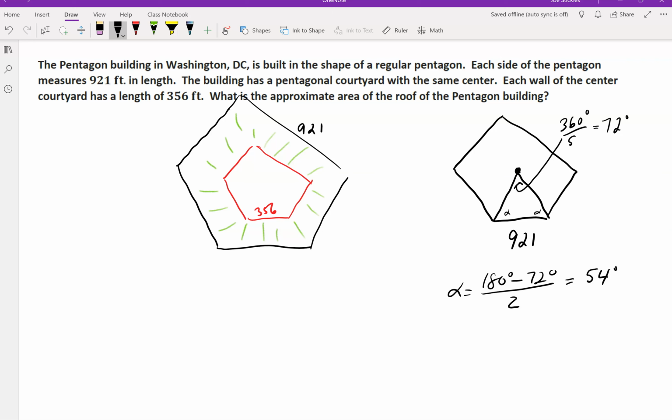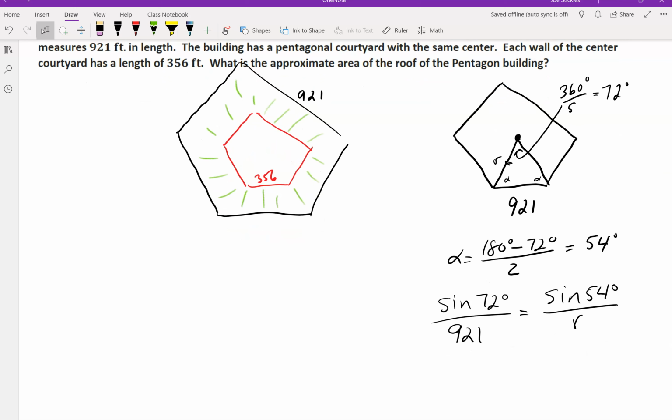Okay. So we now know all three angles, and we know one side is 921. So we need to figure out another side so that we can figure out the area. So much like the last problem, we'll do law of sines. Sine of 72 degrees over 921 is equal to the sine of 54 degrees over, I'll call it R again for lack of a better letter. Notice I'm using law of sines: angle, opposite side, angle, opposite side.